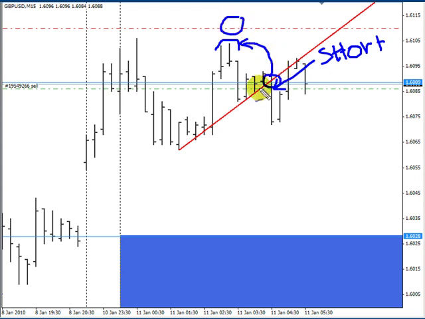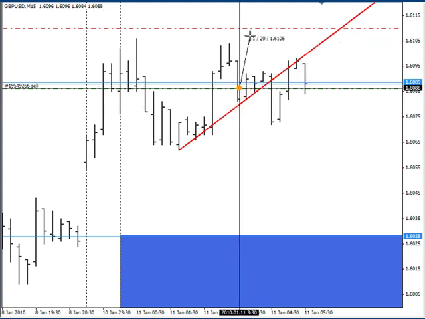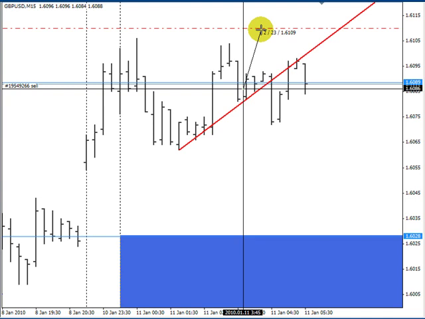So from this point up to this point, I'm risking, let's see how much we're risking here, about 23 pips out of a half a lot. That's 115 bucks, something like that. So not bad based on the risk reward. Look, I'm risking 23 pips to try to gain 58. That's more than twice what I'm risking.